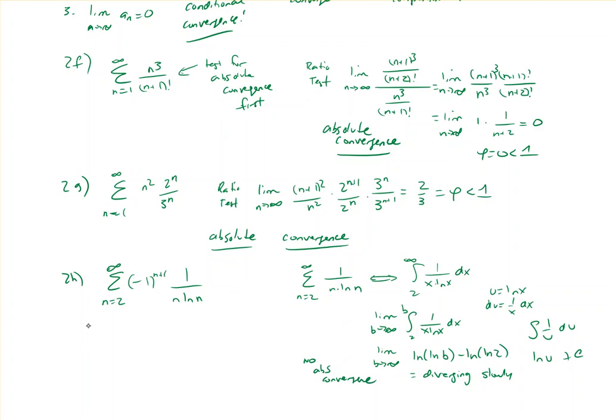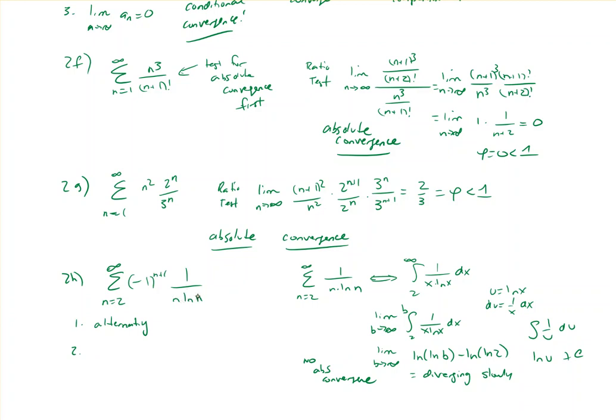So we have to come back and test. Do we have alternating? Yeah, we have alternating. As long as this negative 1 is to some kind of regular power n or n plus 1 or n minus 2 or n plus 15, as long as it's not like a 2n or a 3n here, it's definitely alternating, right? 2. Is this getting smaller? Well, look what happens when n gets larger.